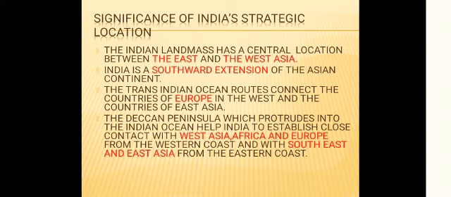The Deccan Peninsula, which protrudes into the Indian Ocean, helps India to establish close contact with West Asia, Africa and Europe from the western coast, and with Southeast and East Asia from the eastern coast. And this is possible only because of the long coastline of India.